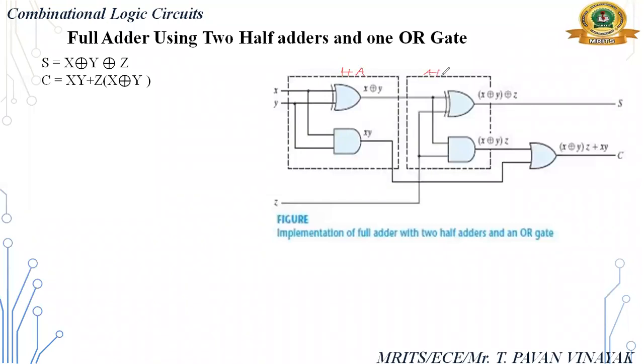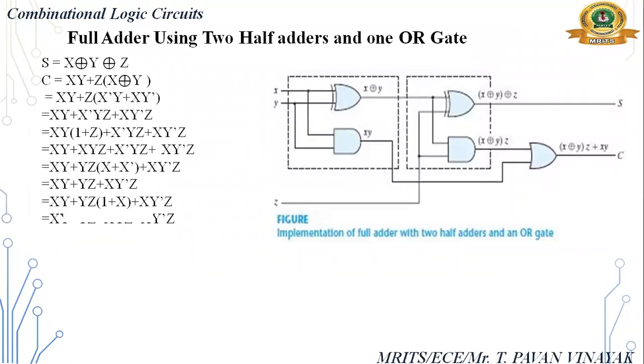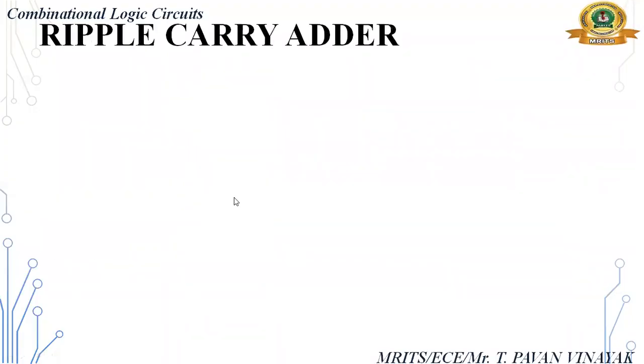This one is the second half adder. So the XOR output is given directly here, and Z. And solve the expression: C can be written like this, XY plus YZ plus ZX. Sorry, this one is ZX, so XZ.